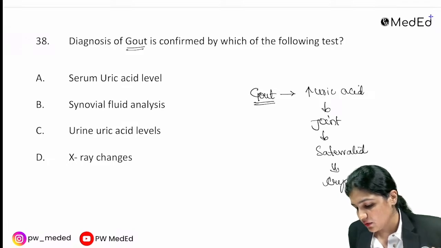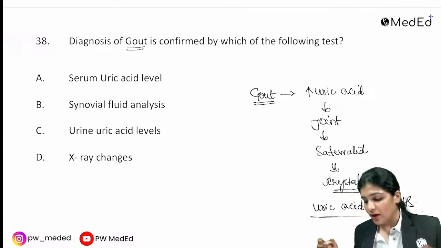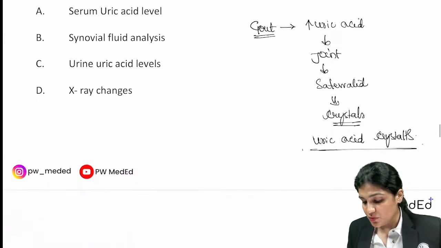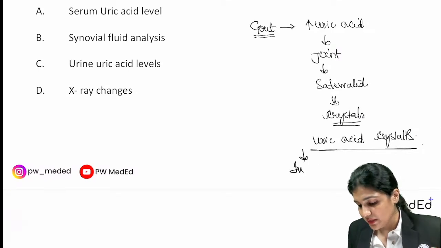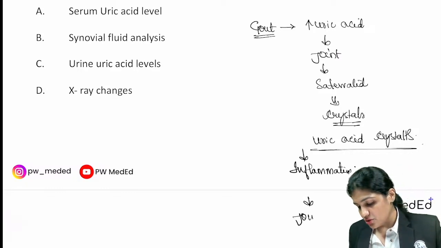These are called uric acid crystals. So this is a crystal joint disease, uric acid crystals present in the joint, and this will start the process of inflammation, and now they will cause joint arthritis, right?